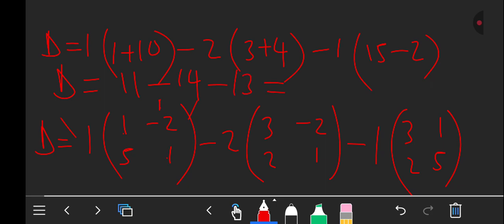So this will give us 11 minus 14, that is negative 3. Negative 3 minus 13 will give us negative 16. So this is the determinant of the original matrix.